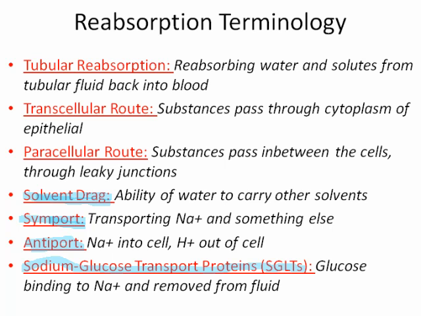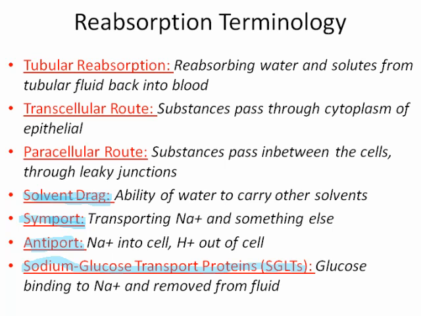And then sodium glucose transport proteins. This is basically glucose hitching a ride on sodium as it is being removed from, again, typically the filtrate into the epithelial tissue, crossing the extracellular fluid and moving back into those peritubular capillaries that we will talk about.